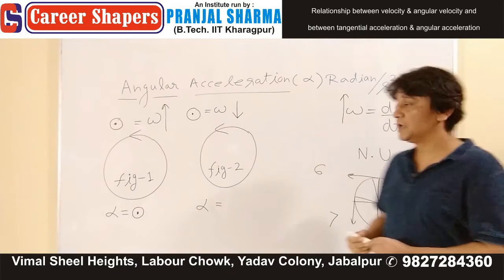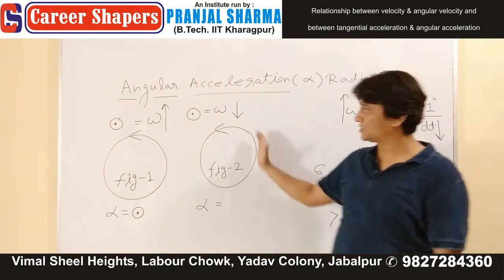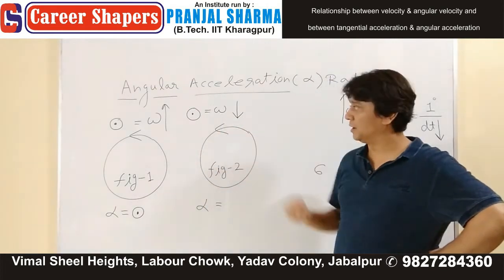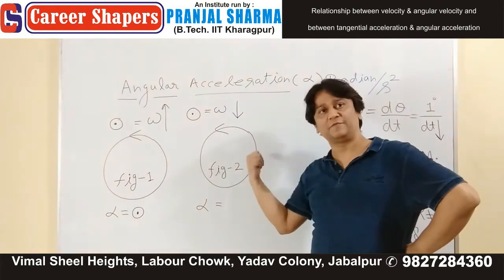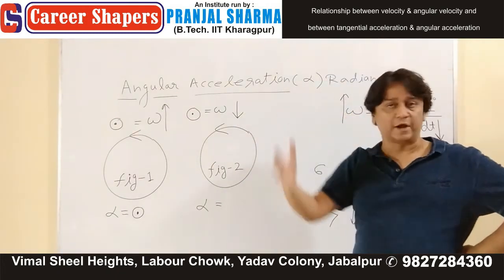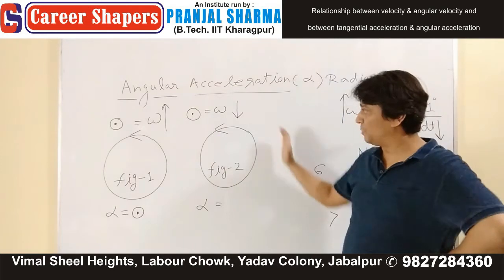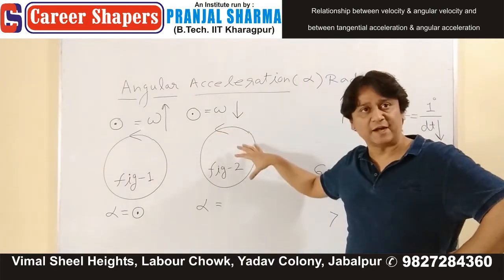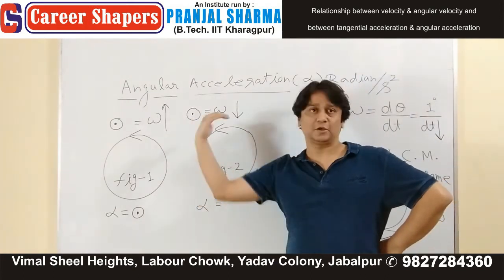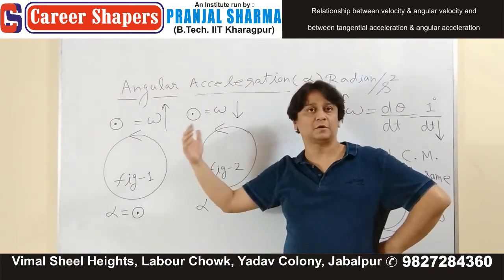Now for this, same fan, same table fan, blades are rotating this way, omega. Rotation of blades, that is what? Omega. But somebody switched off this fan and therefore angular speed is decreasing. So think about it. Fan blades are rotating this way, but if I ask you to stop these blades, how will you try to force this thing? By exerting a force, which later on we'll see is nothing but called torque.